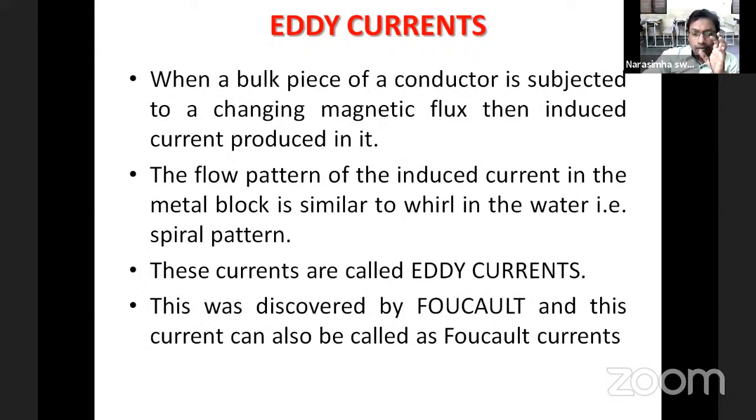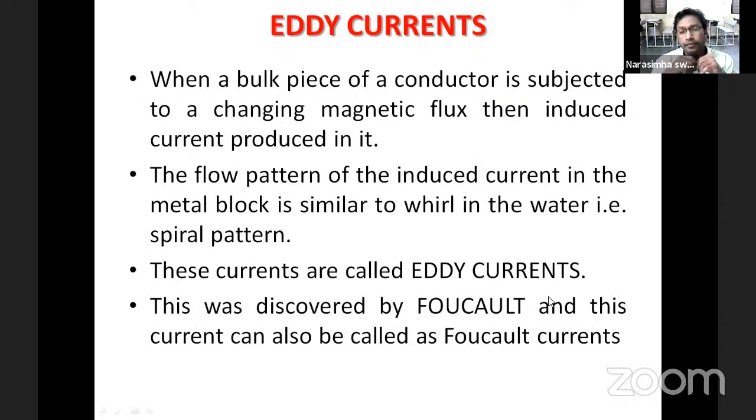Whereas when the block or conductor is placed in an external field, the electrons are aligned to move in a particular direction. That alignment, in this case, will be in a spiral form.